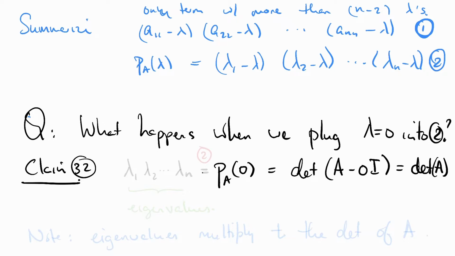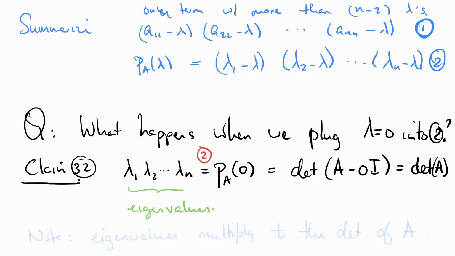On the other side, if we use 2, plugging 0 in for lambda, what we're just going to get is the product of all the lambda i's. Remember, these are the eigenvalues.